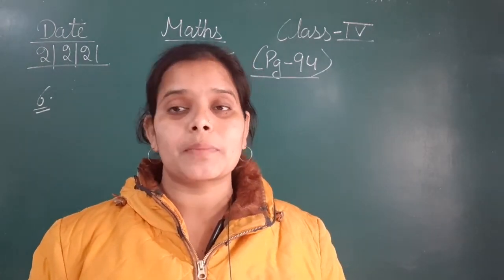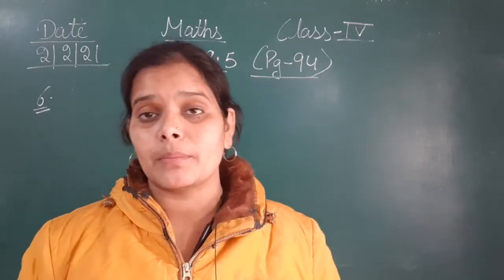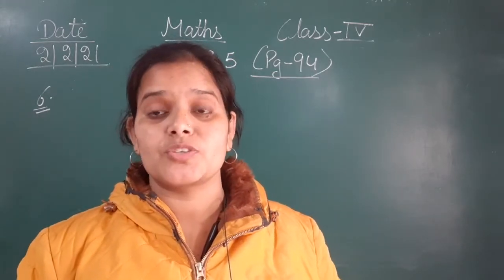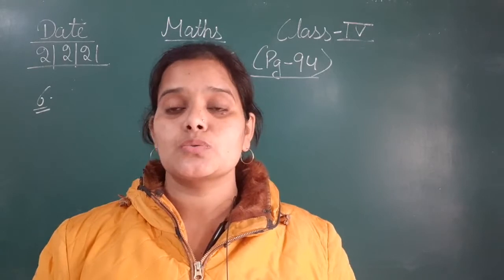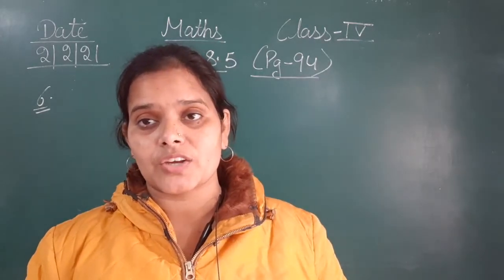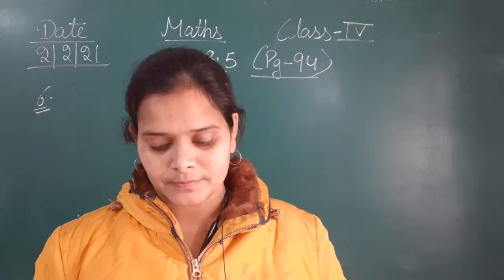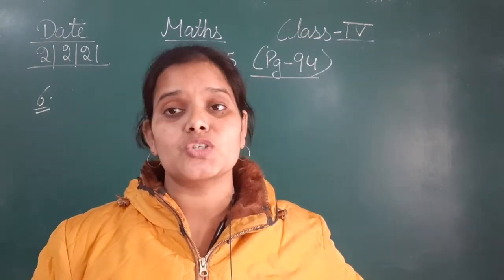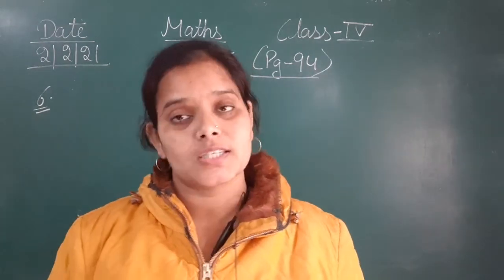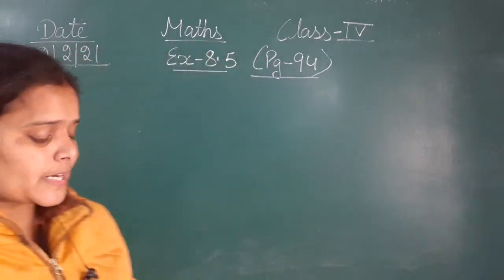Okay, जैसे कि मैंने आपको ascending order में बेटा जो A part में एक mixed fraction को improper fraction में change करवाया था, as it is we are going to convert the given mixed fractions into improper fractions. Okay, starting with the A part.